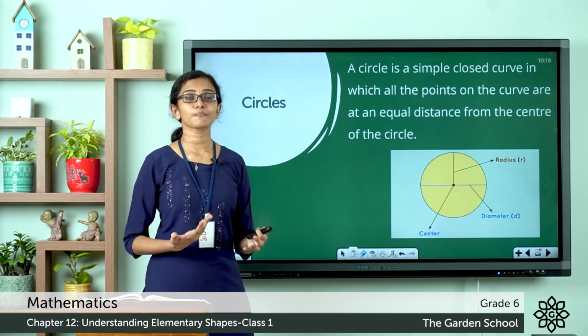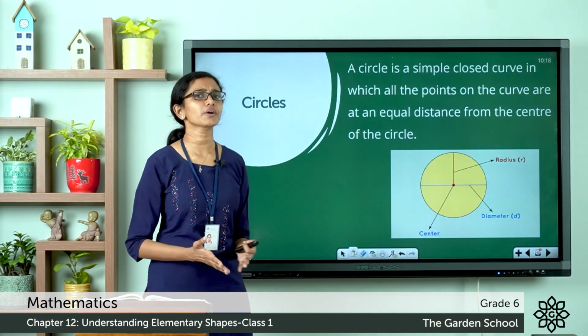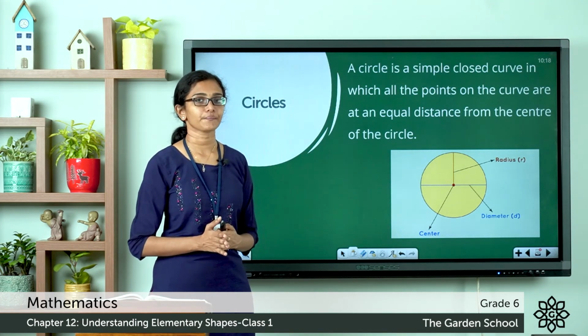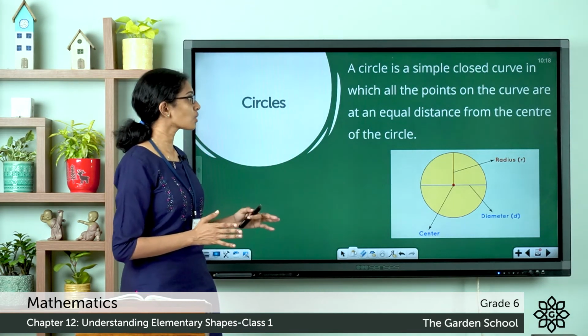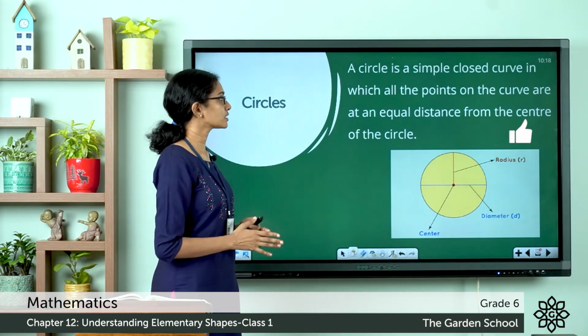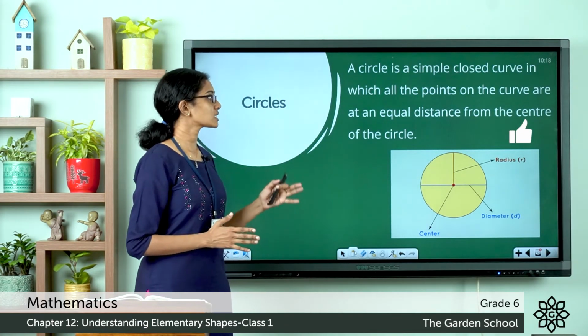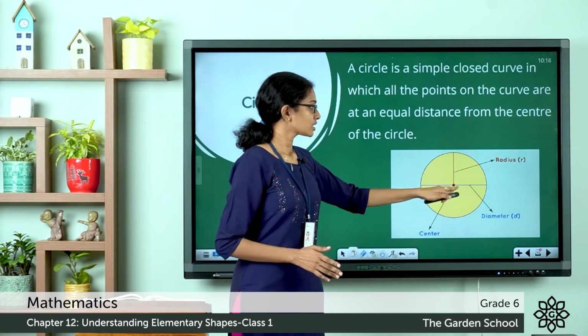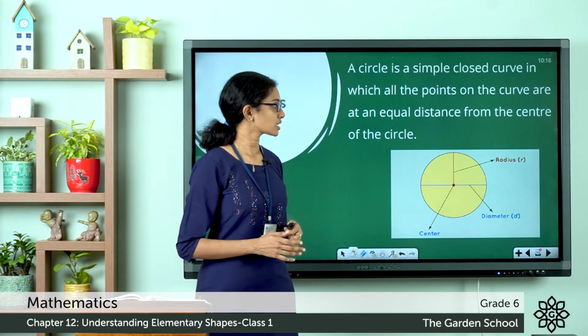And we have also learned about circles. A circle is a simple closed curve in which all the points on its boundary are at equal distance from its center. Here you can see an example. This is the center of the circle.